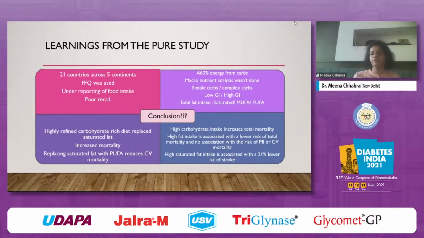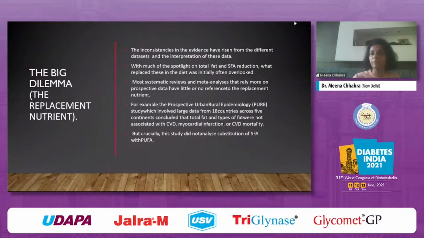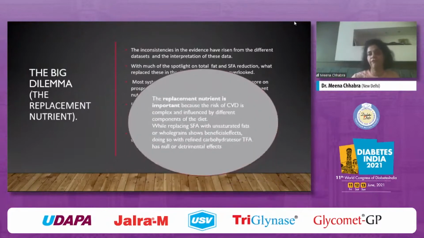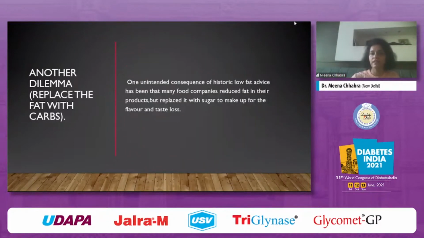Therefore, there was increased mortality. So we must remember that it's important to know what you are replacing the fat with. The big dilemma is the replacement nutrient. This study did not analyze what the SFA was replaced with. And important is that you replace the saturated fat with polyunsaturated fatty acids. So this is important.